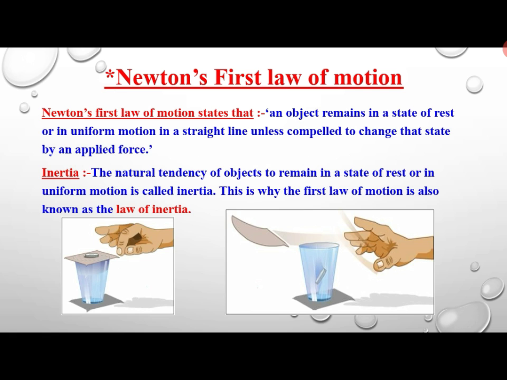Basically, we applied force on the paper or the cardboard, but the coin was at rest. So it was the tendency of the coin to remain in the state of rest unless some force is applied on that coin. We applied force on the paper, the paper flew away, but the coin fell down because of this inertia.